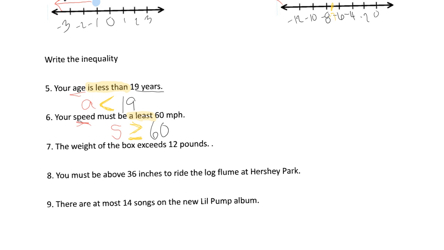Okay, so I want you to do 7, 8, and 9 on your own. Try 7, 8, and 9 on your own for me. Okay, so you should get W exceeds 12, I above 36, and S is at most 14.